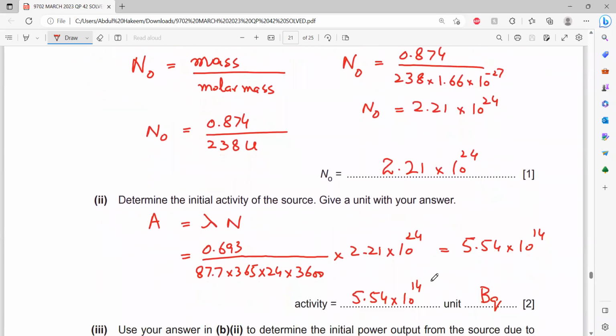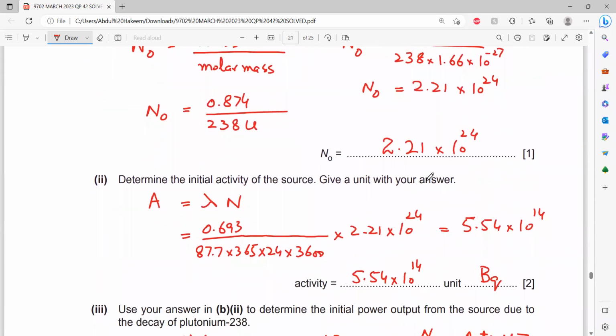Next is to determine the initial activity of the source. Give units for the answer. Activity is equal to lambda N. And do remember, this lambda, the decay constant, is 0.693 over half-life. This 0.693 can also be written as ln 2. So 0.693 divided by the period, 87.7.